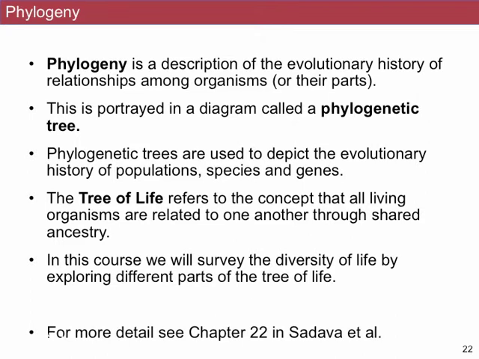Individual genes can have their own history, and we'll see something about that later. But most of the time, we talk about phylogeny of species. And if we want to show what we mean by phylogeny for particular organisms, we draw that in a diagram called a phylogenetic tree, and I'm going to show you what those look like and define all the different parts of a tree in a second.